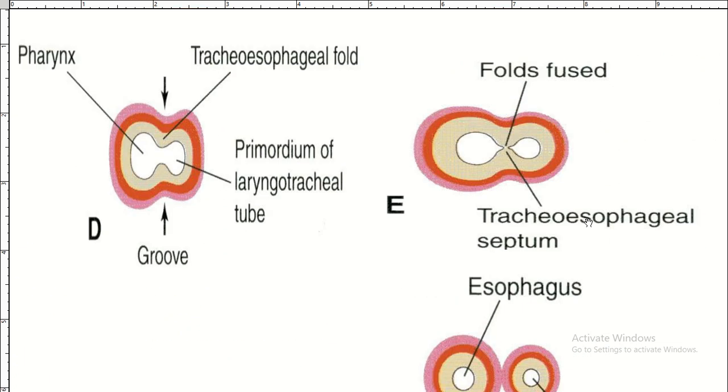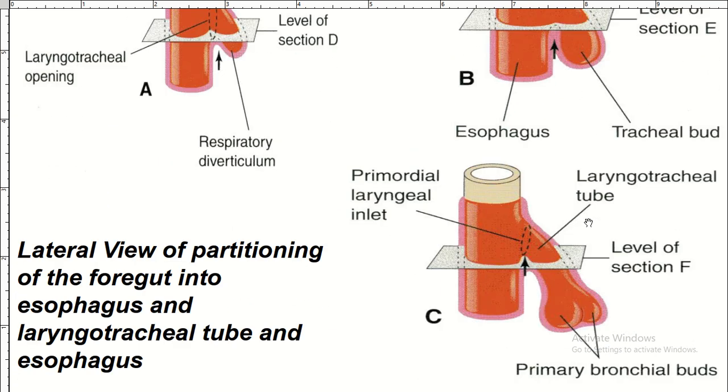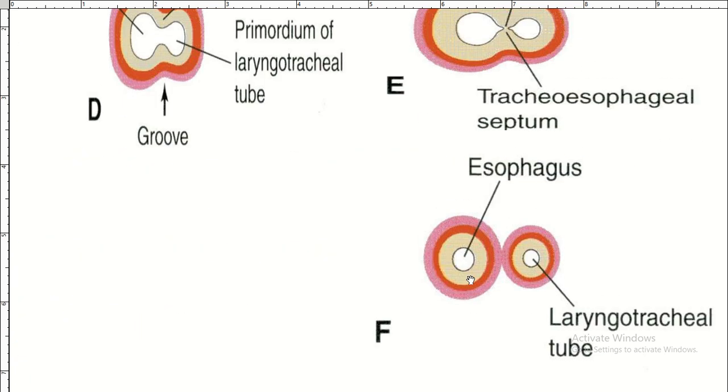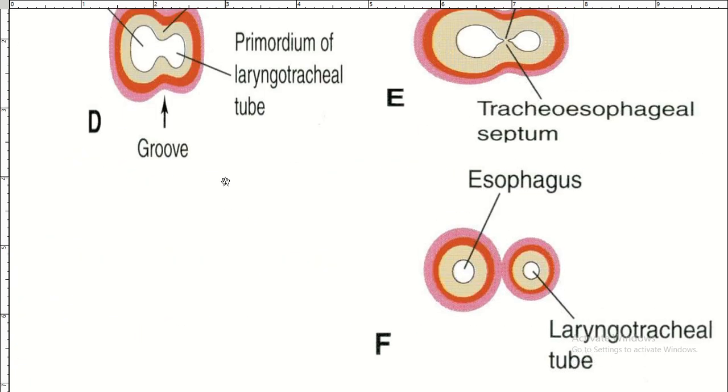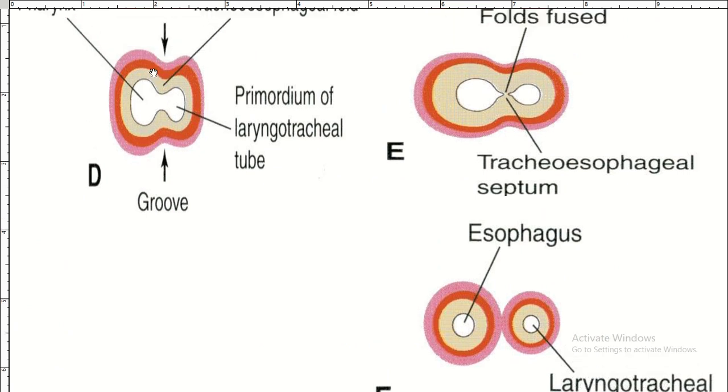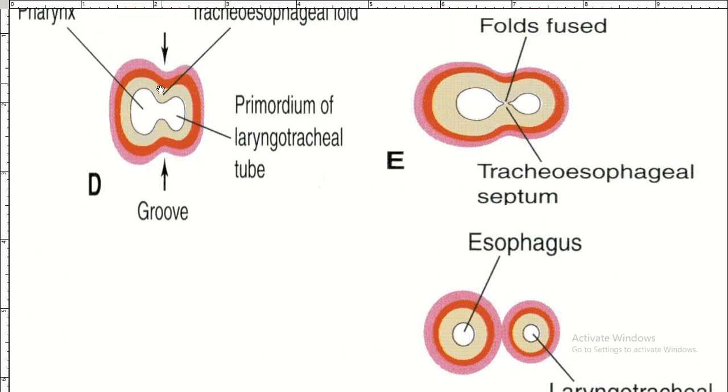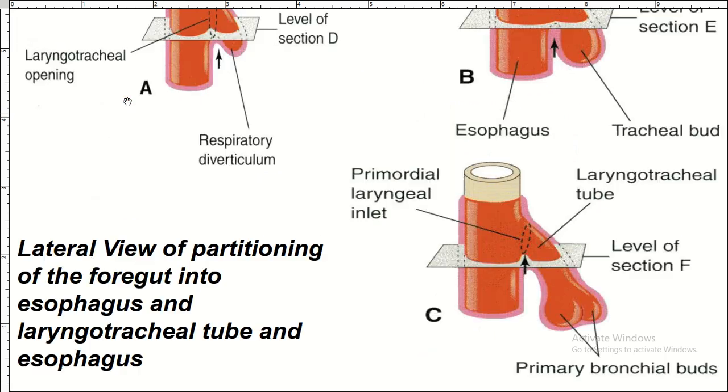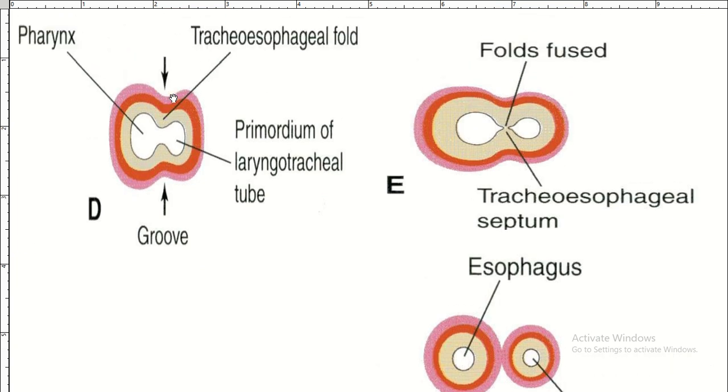So if we cut a cross section, let's say this will be A, this will be B, this will be C, right? If we cut longitudinally, this is going to be the respiratory diverticulum and this is going to be your foregut. There's going to be separation between your lung bud and your foregut due to the tracheoesophageal fold.